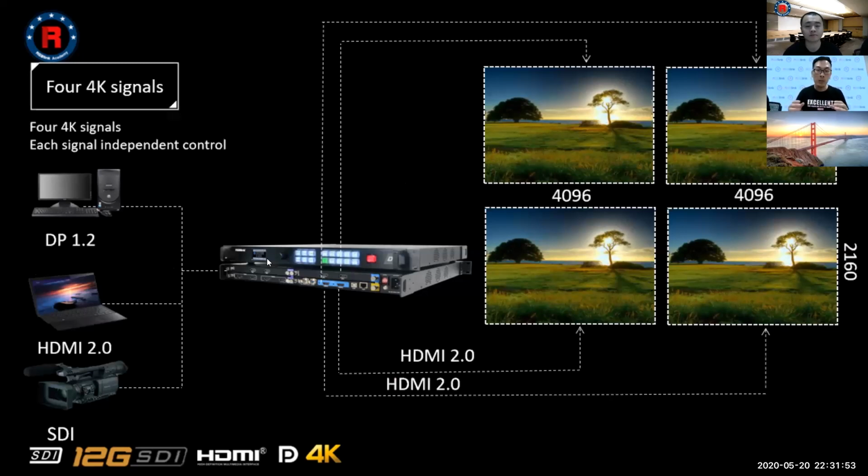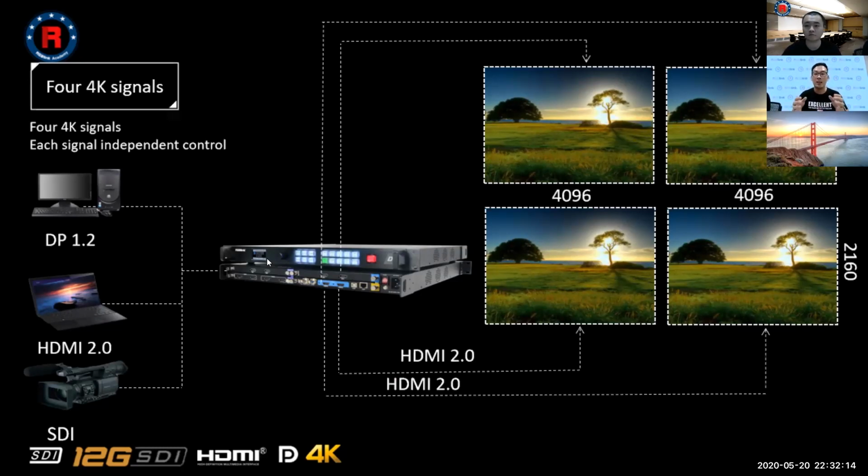On the main output, the HDMI 2.0 output will show the same content on two outputs. But when you select the DP 1.2 output, you can control the other displays directly.